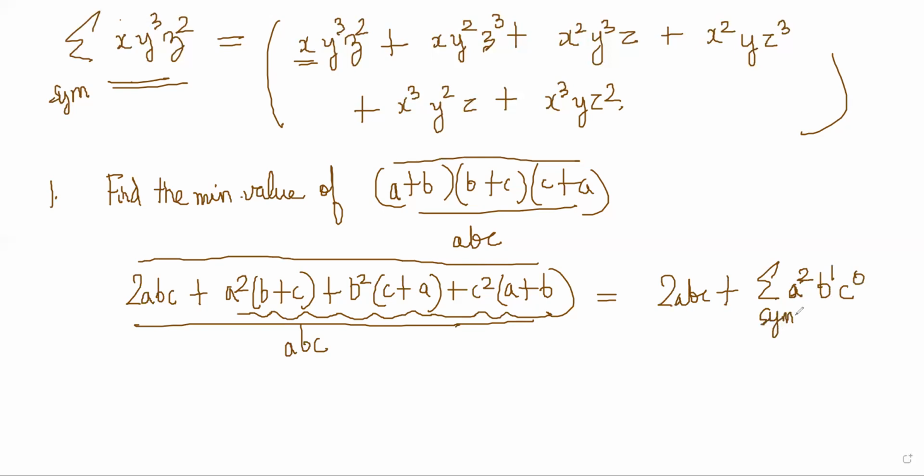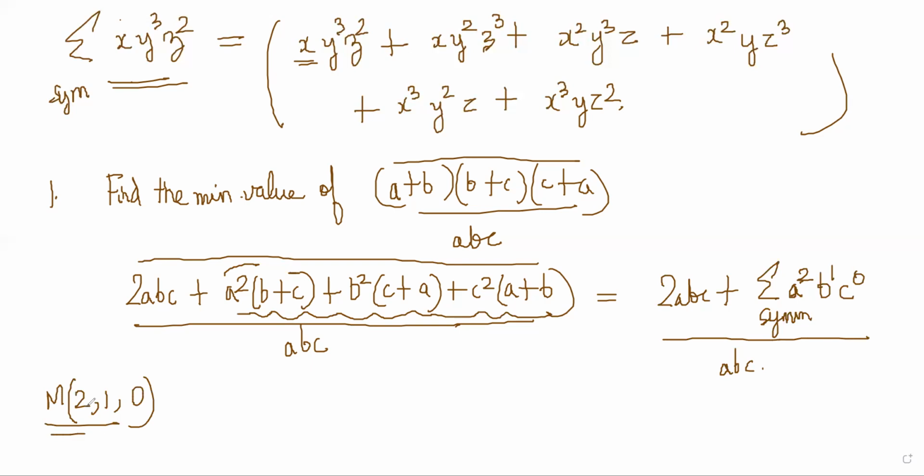This is a symmetric sum like this, because a square b power 1 c power 0 is one term, then another term will be a square c power 1 and b power 0. So a square c. So notice that a square c comes here, a square b, a square c comes here. Similarly, b square c, b square a will come. So this divided by abc, right?